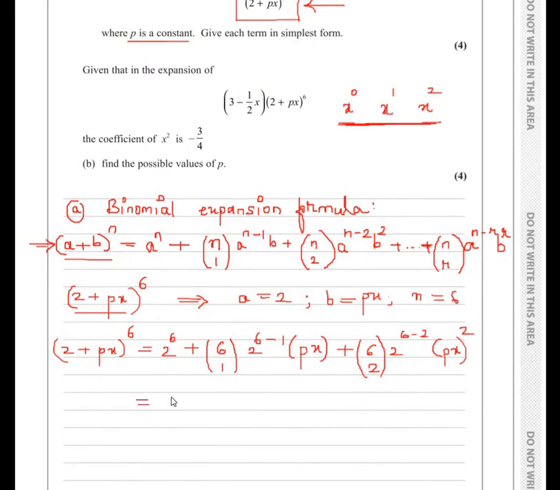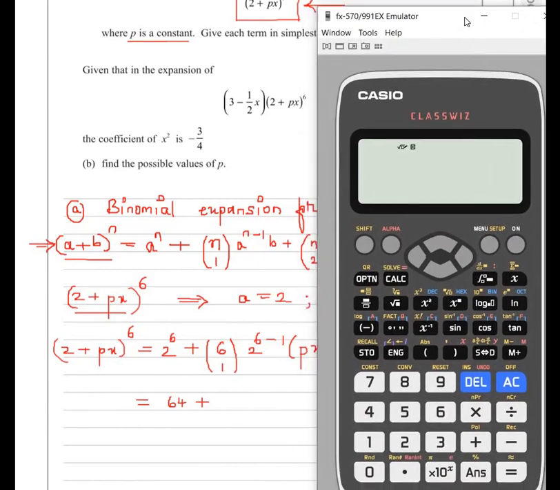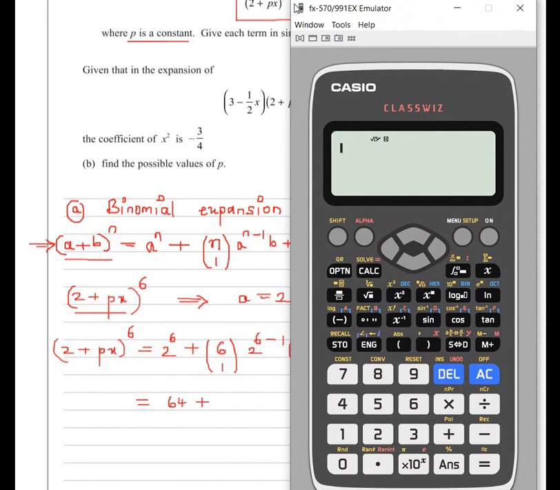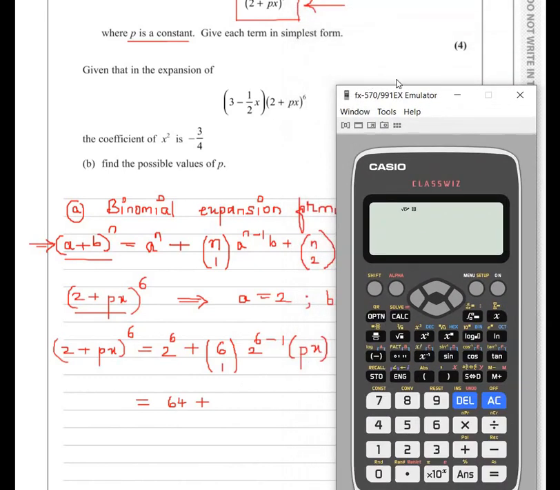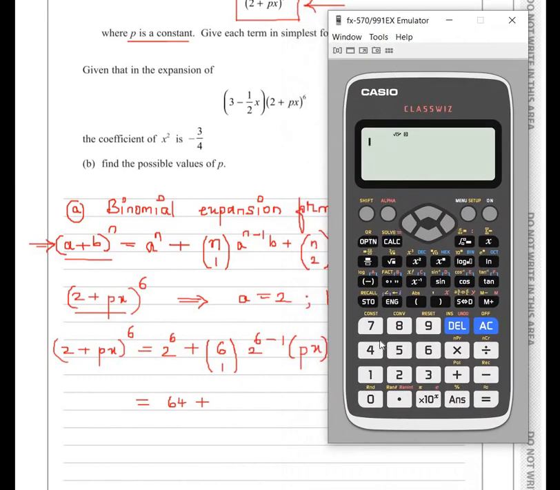So 2 raised to 6 is 64 plus. To solve 6C1, let me show you here how to do it in the calculator.